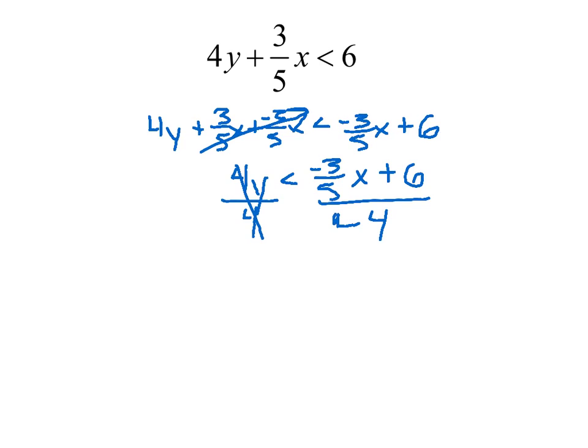This is the one that you guys need to make sure you're engaging your brains on when you're ready to do the actual arithmetic. We're not flipping the inequality symbol because we divided by a positive, but we have negative 3/5 x divided by 4. When you don't write out this division, you make a mistake.